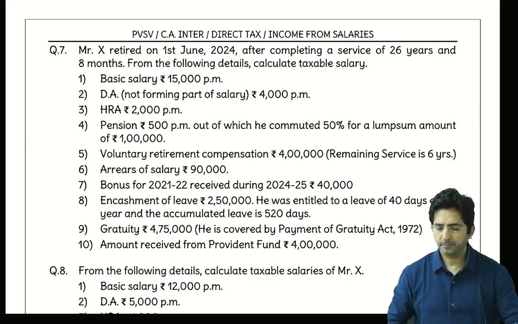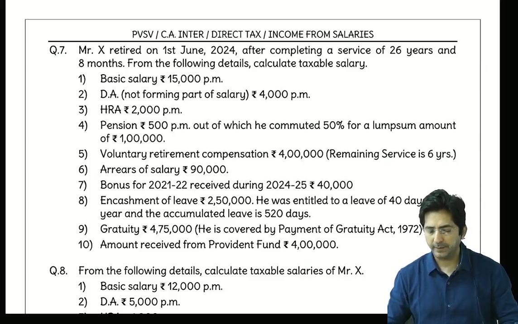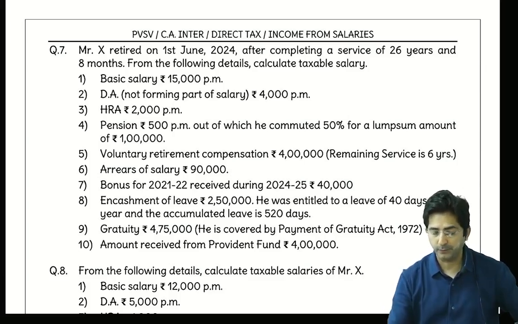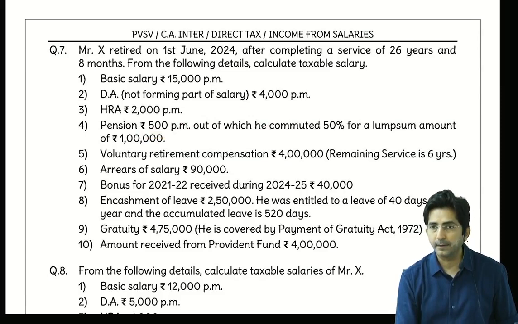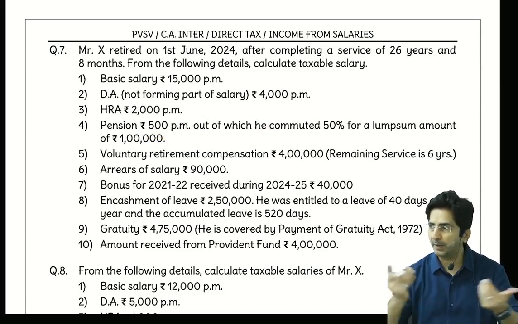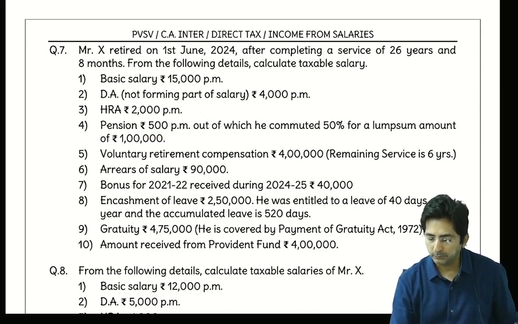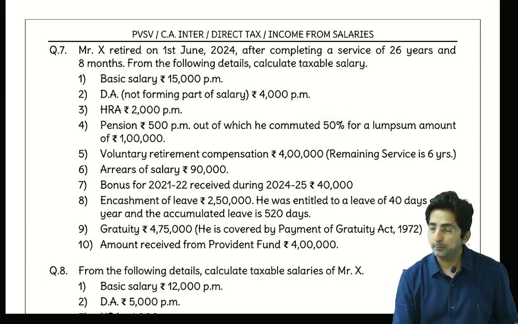Then pension, 500 per month, out of which, see whenever they write "out of which", out of which amount? 500. So this 500 is the total pension. This you have to bifurcate. Out of this, 50% is commuted and the commuted portion will get cancelled. How much is uncommuted?